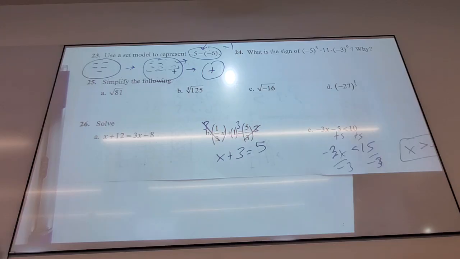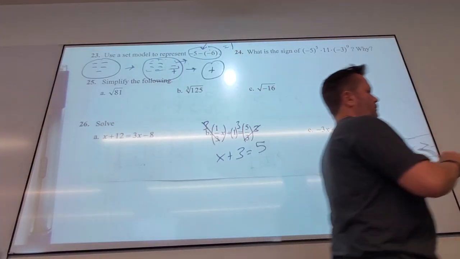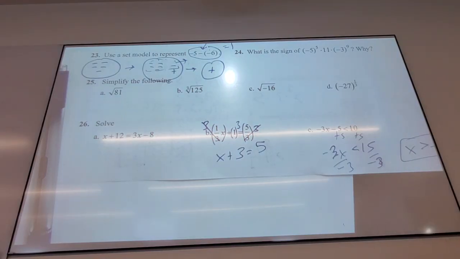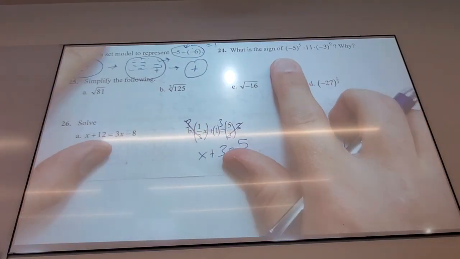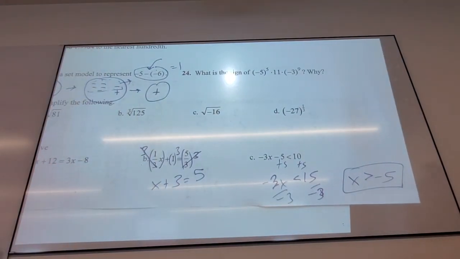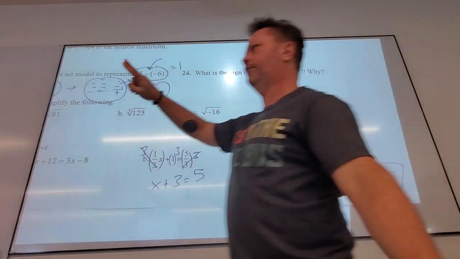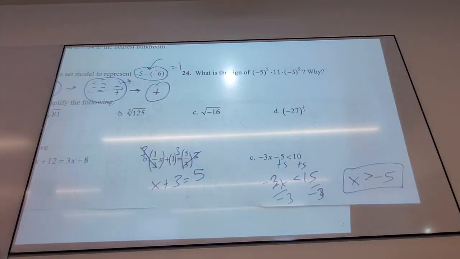Can you look at number 24? Two negatives make a positive when you multiply, three negatives make a negative, because two kill each other. So we can make a shortcut out of this.